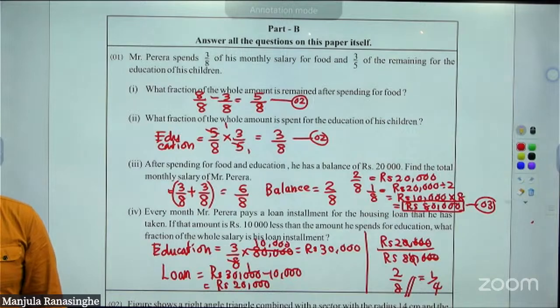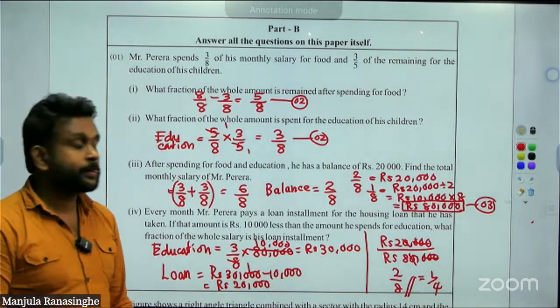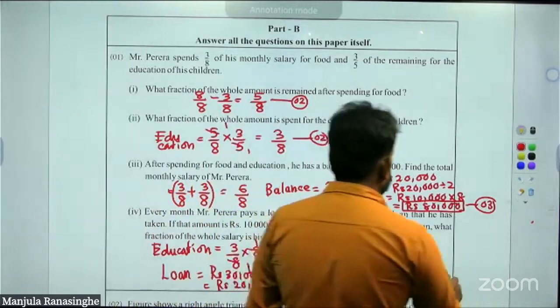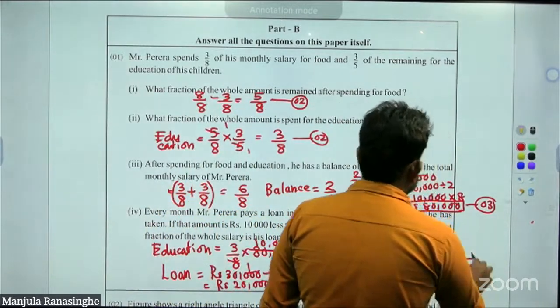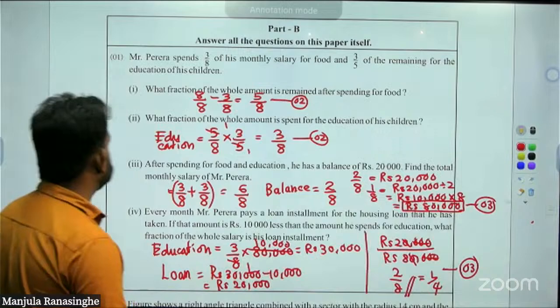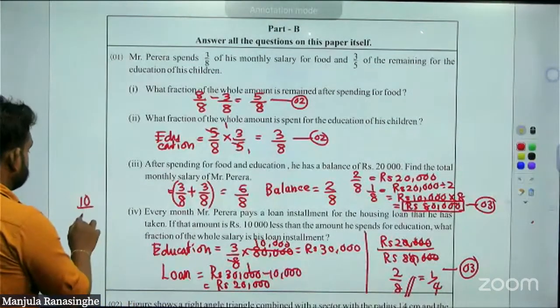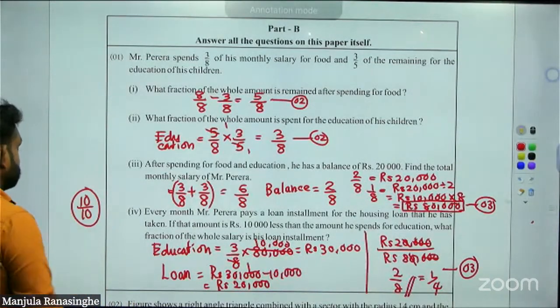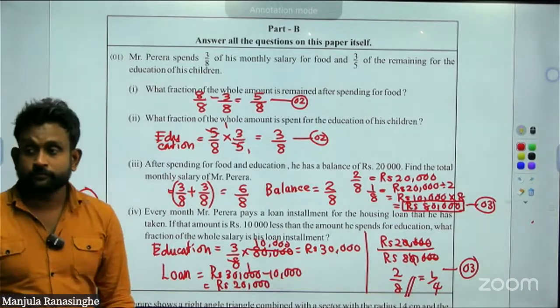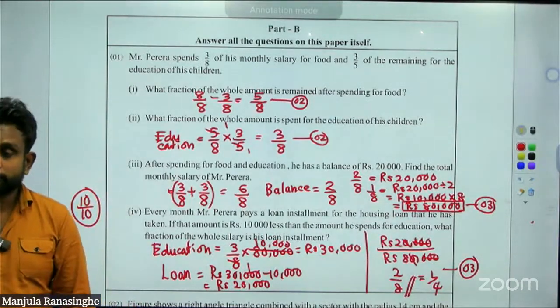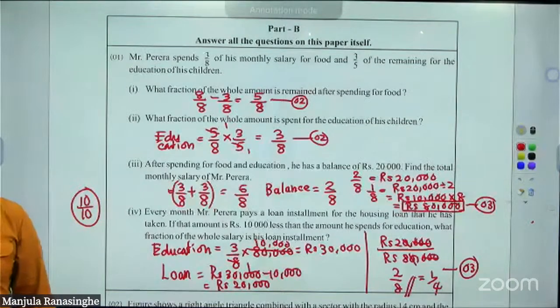Okay, right. Now for that part, 3 marks are there. Hands up those who got 10 out of 10 marks. Right, we're done.